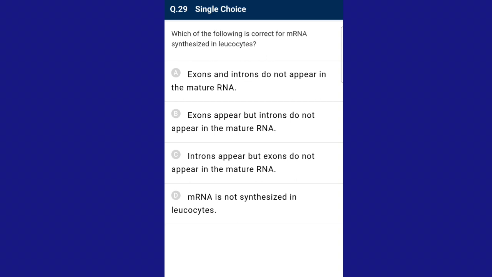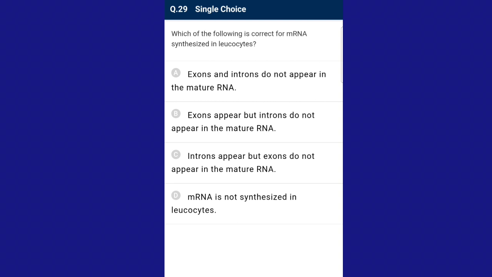Question number 29. Which of the following is correct for mRNA synthesized in leukocytes? RNA splicing is a post-transcriptional process necessary to form mature mRNA. In eukaryotes, the gene contains extra sequences that do not code for any protein.